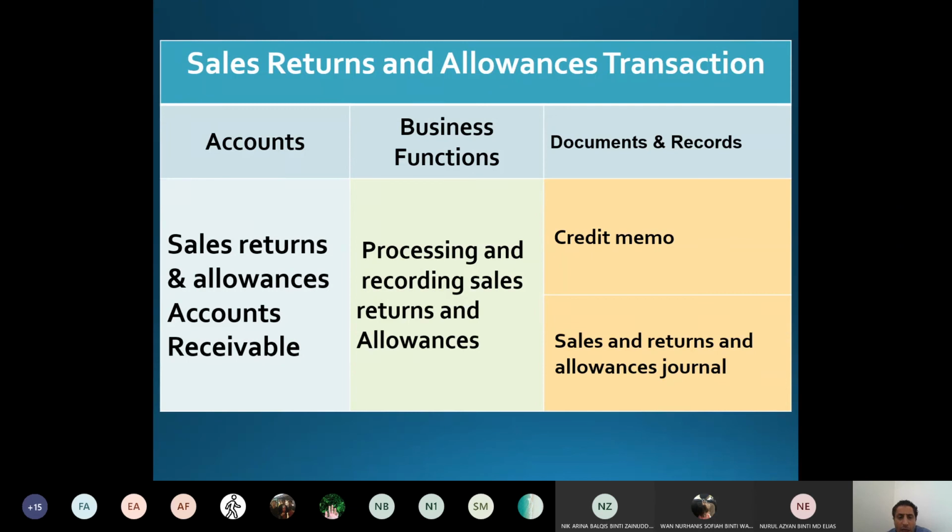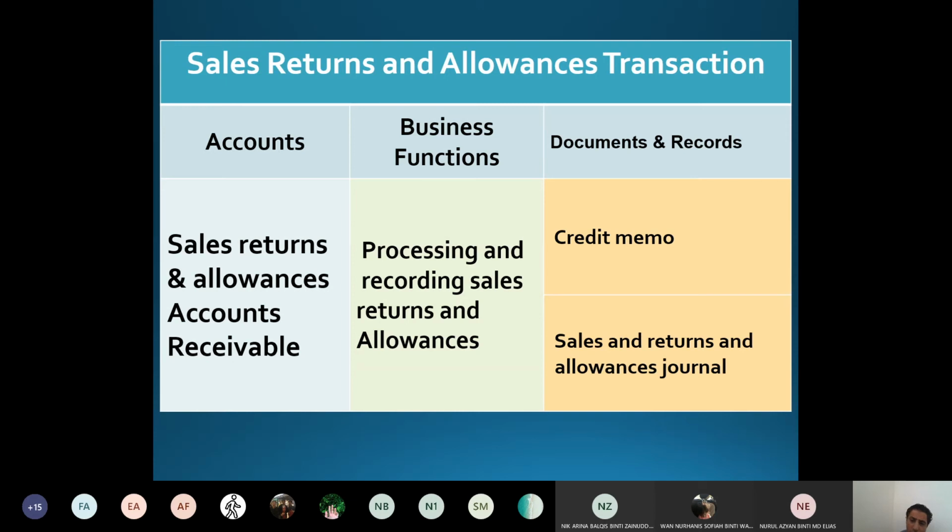So in that case, we need to process and record the sales return and allowance. What we need is a credit memo. And the credit memo normally should include the specifications of the goods returned and the invoice they are related to. So let's say it is from invoice number 135.